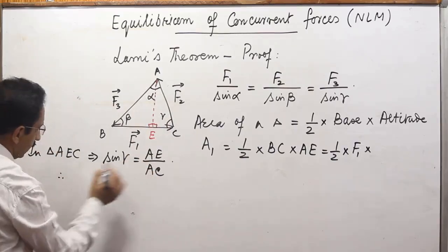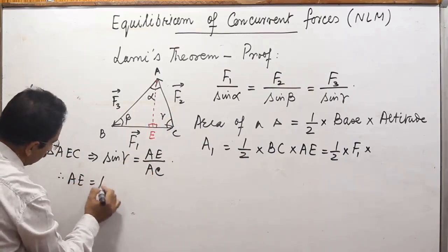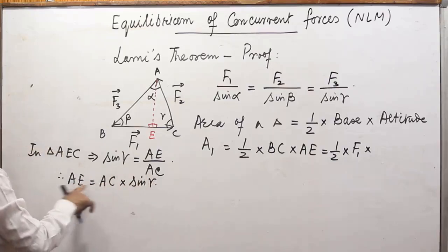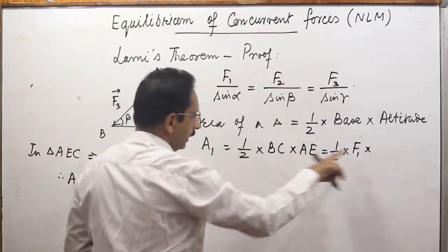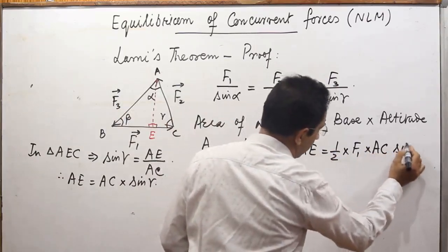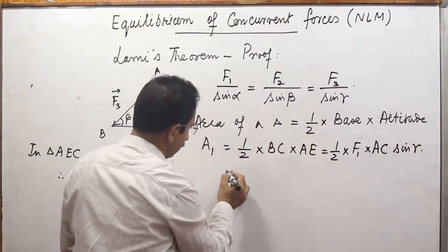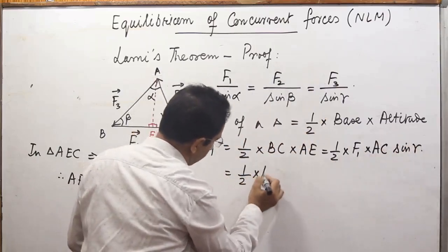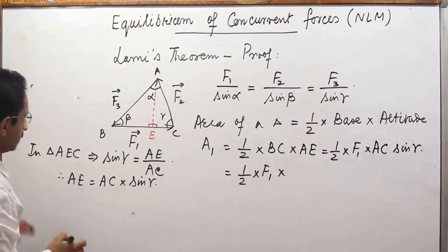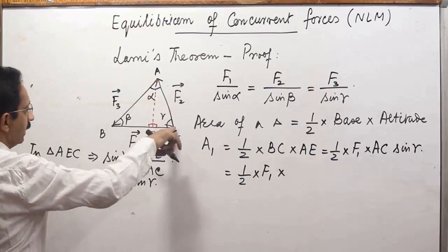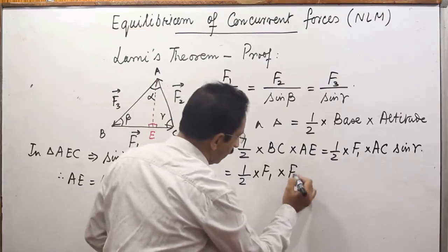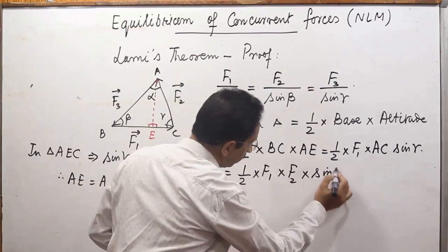So therefore AE becomes equal to AC into sin gamma. So I substitute AE here, I write AC sin gamma. So that gives you 1 by 2 into F1 into, so what is now AC? AC आप देखें, so this is AC. AC is magnitude wise F2, so it is F2 into sin gamma.